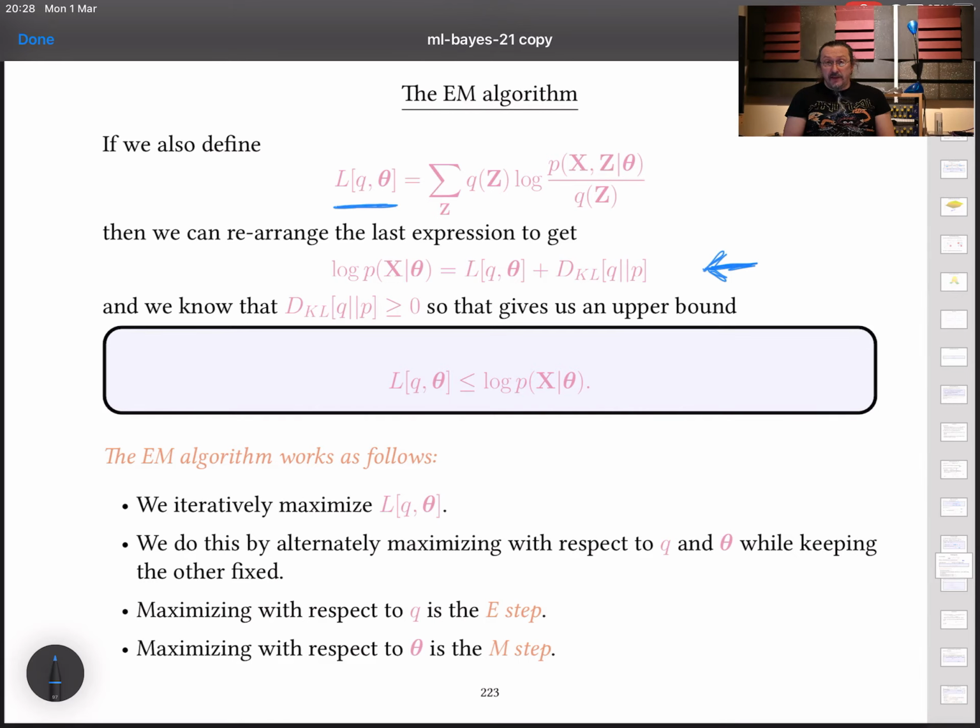And so that gives us a way of potentially finding a theta that will maximize the log likelihood, log P of x given theta. We can just try and maximize L. And we can make L as big as possible by iteratively maximizing with respect to Q and with respect to theta. And this is the expectation maximization algorithm.